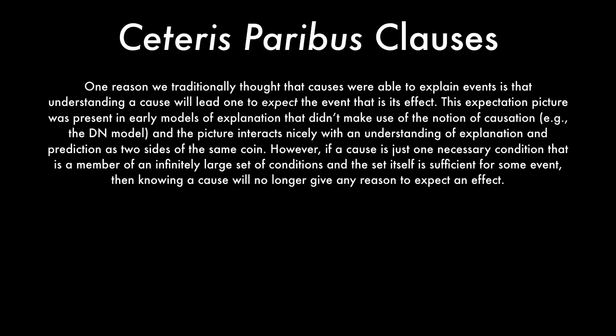And the picture interacts nicely with an understanding of explanation and prediction as two sides of the same coin. If we explain by showing why something should be expected, then if we know all of those factors that would be relevant to explanation, we can predict how the future would be. Also notice how this is related to the overall picture of mechanism.